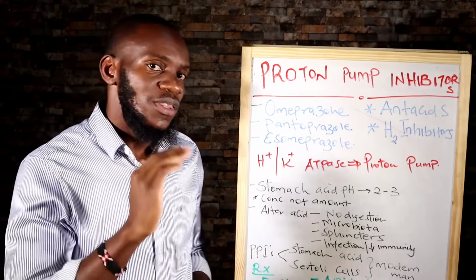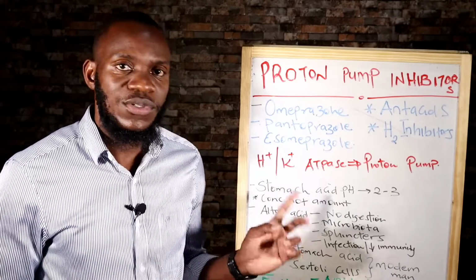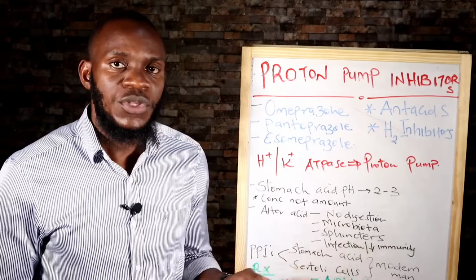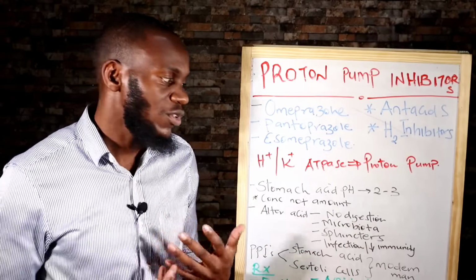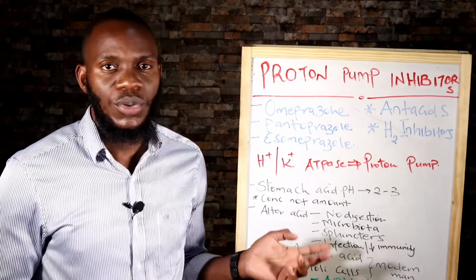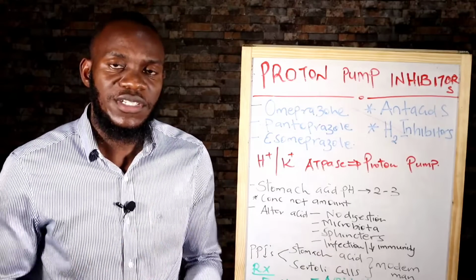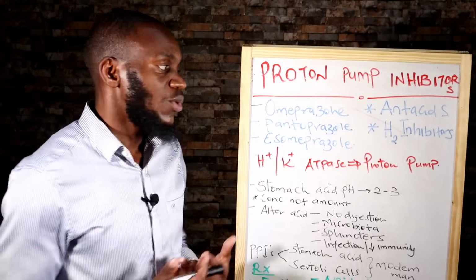Understand that when the concentration goes high, the pH goes low, because stomach acid is supposed to be at pH 2 to 3, which is enough to even melt a steel metal or a razor blade.